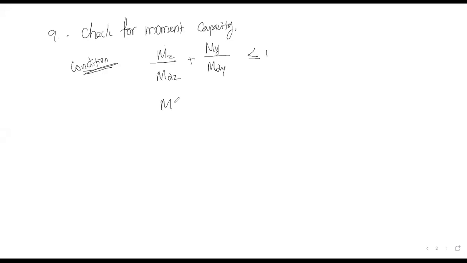So Mdz and Mdy we have calculated with respect to its formula, that is beta b into Z into Fy by gamma m0. Whereas Z, if I'm going to use ZPZ, then it becomes Mdz. If I'm going to use ZPY, then it becomes Mdy. So based on that relation, we have to check the moment capacity. So far we have completed the 9 steps. Now we have to do the remaining steps.